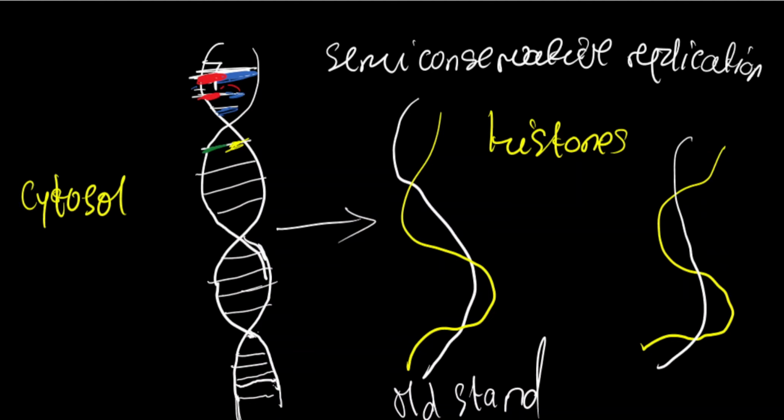So it means that these proteins would have to be imported from the cytosol into the nucleus, because DNA replication takes place at interphase, and at interphase the nucleus is still intact. So we would need to have the histone proteins being imported into the nucleus so that the DNA molecules can be wound around them. Okay, so it's very important for us to take note of that.